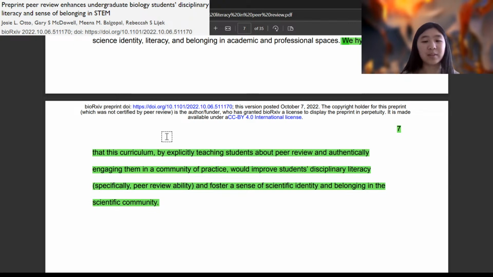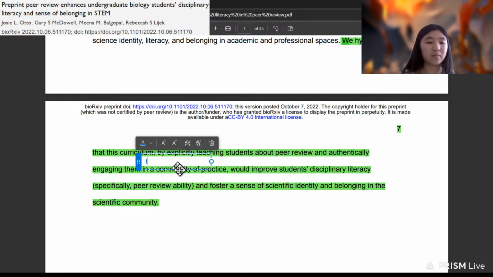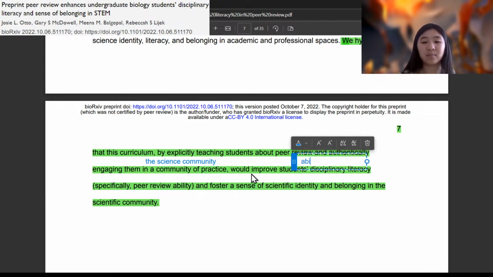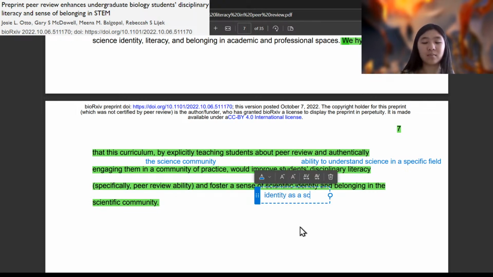Then, by explicitly teaching students about peer review and then authentically engaging them in the science community, it would improve their ability to understand science in a specific field, and foster a sense of identity as a scientist and belonging in the scientific community.